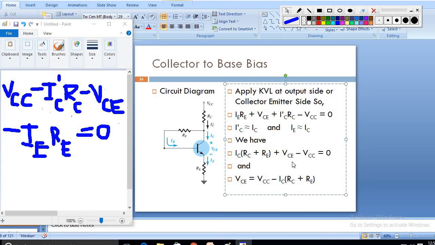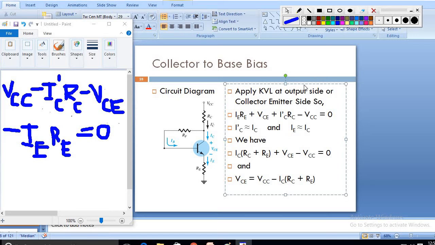So I need to get VCE. VCE is equal to VCC minus IC into RC plus RE. This is the voltage from collector to emitter, VCE is equal to this one.